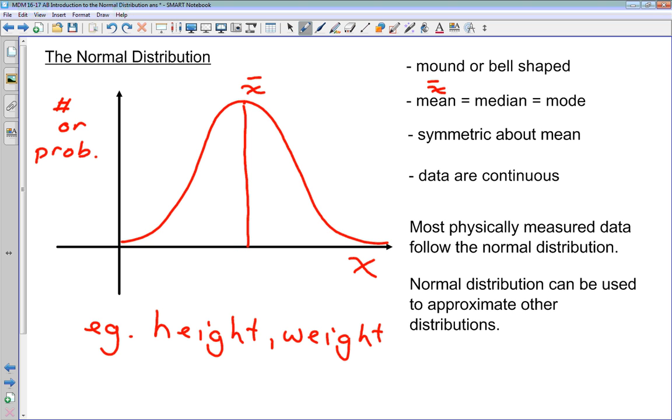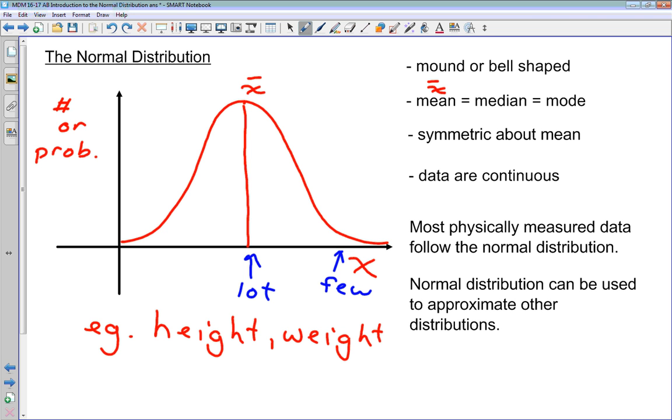Okay? You are going to have a whole lot of people that are about average height. Okay? Maybe not exactly average height, but somewhere close to that average, somewhere in the middle. Okay? And then you've got a relatively few number of people who have extremely large values of height. These are like your NBA players, your 7-footers. Okay? There's a very small number of them.